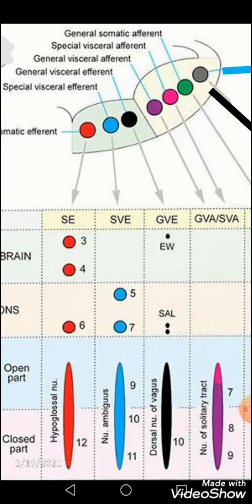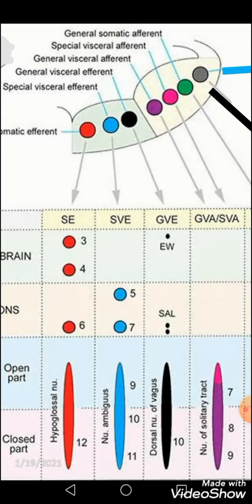In the seventh, the facial nerve, the muscles of facial expression, the stapedius, stylohyoid and the posterior belly of digastric are its area of supply. Then comes the ninth cranial nerve that supplies the stylopharyngeus muscle.